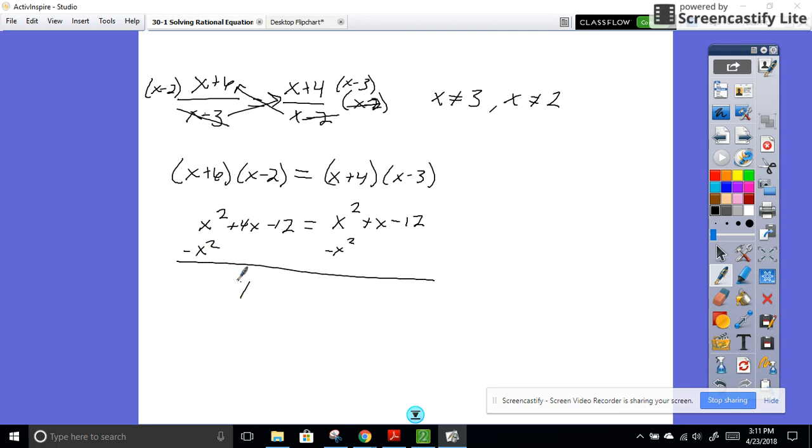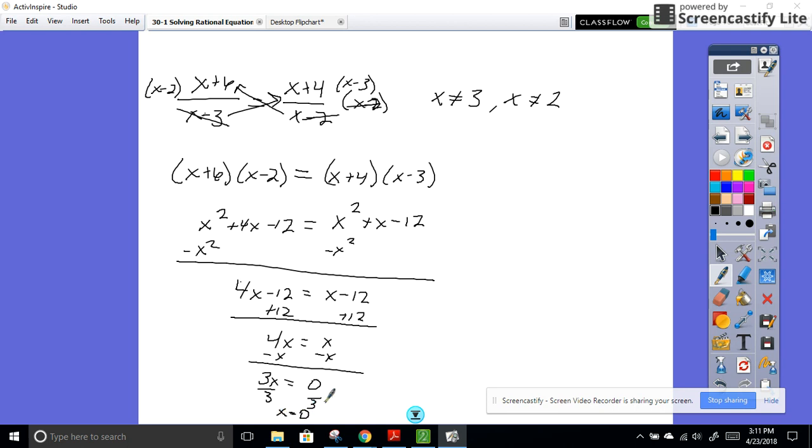Okay, I get 4x minus 12 equals x minus 12. Add 12 to both sides. Okay, 4x equals x. Subtract x from both sides. 3x is equal to 0. Divide both sides by 3, and x is equal to 0. So, x equals 0 is not in either one of my restrictions, so x equals 0 is the solution.